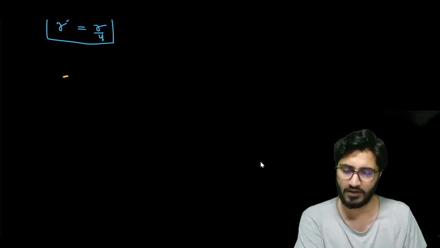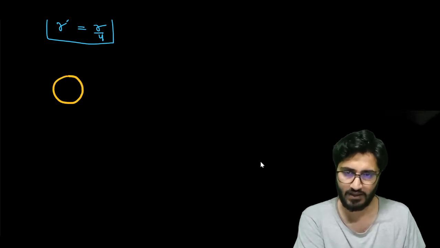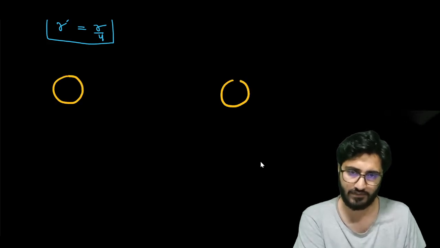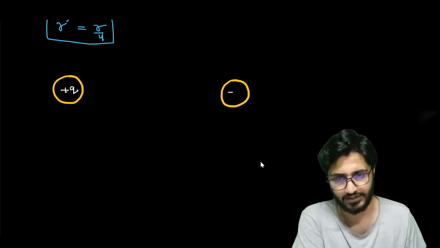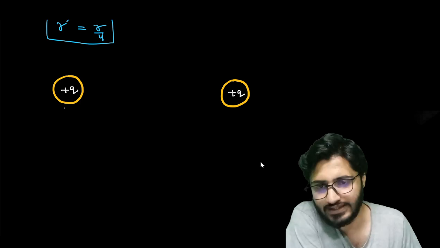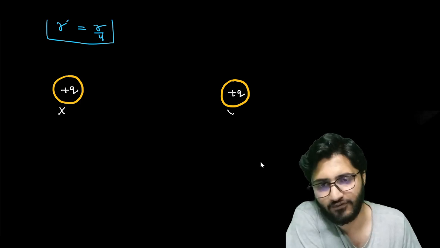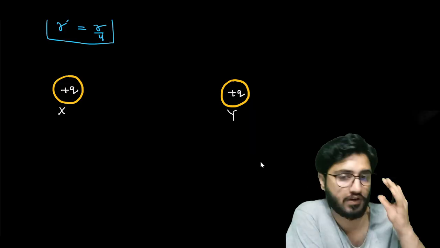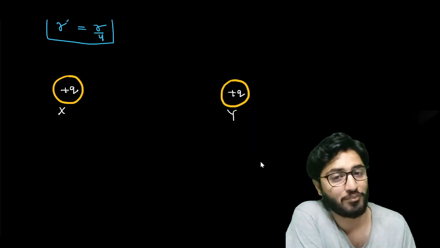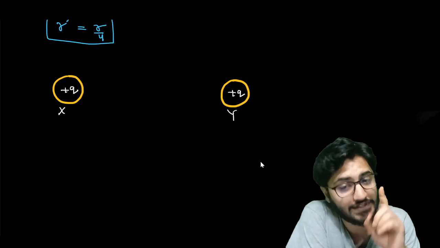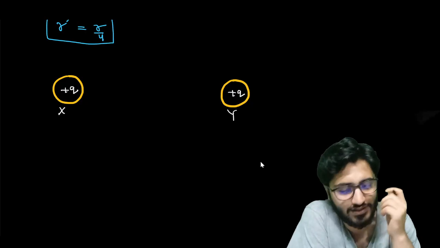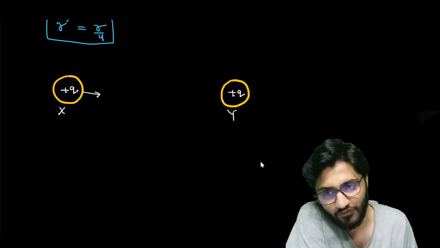Here we have one charged particle, and here I have one more charged particle, both with charge plus Q. Suppose one is at point X and the other at point Y. Both are free, so I guess we can now use conservation of linear momentum as well, since there is no external force. Now we just throw it with velocity.